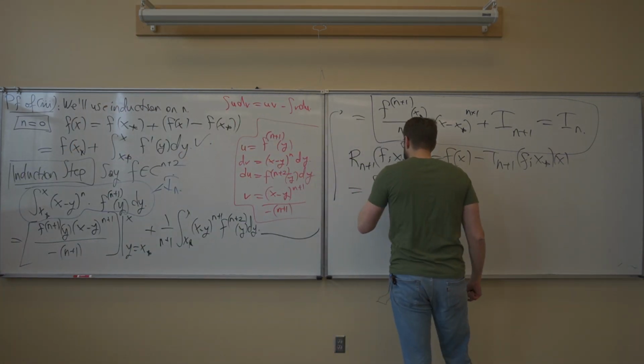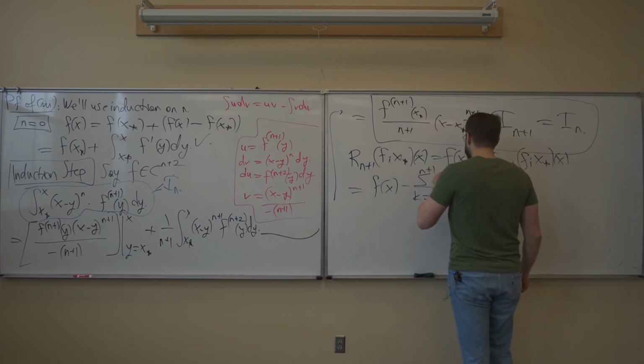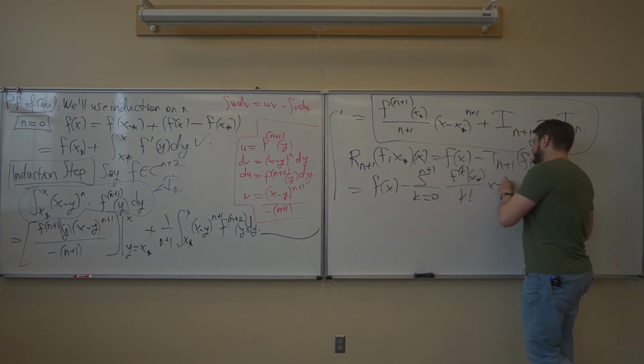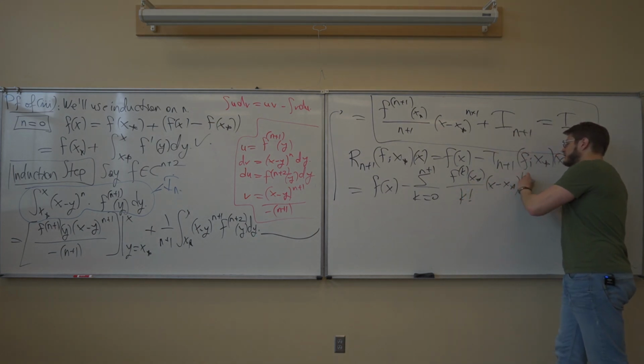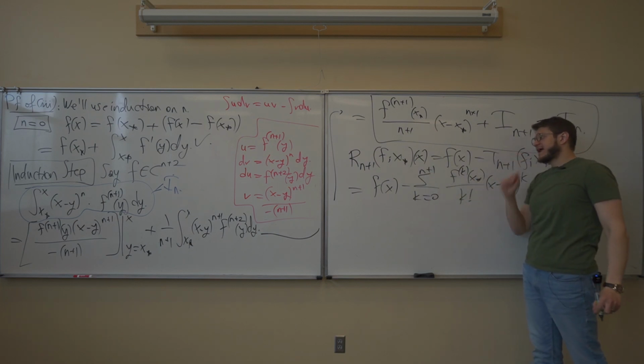So let me be explicit. The sum over k from 0 to n plus 1 of the kth derivative at x star divided by k factorial times (x minus x star) raised to the power k. So this sum I can take all the way up to n, and then I would have an extra term.